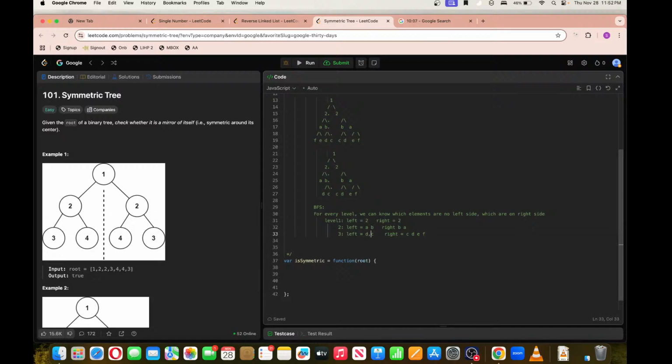there is another way. Whenever I do left, then I can just see if the right one starts from the left's last one or not. If it is C, okay fine. D, okay fine. Then E, okay, E is here but it is not here, right? So I will just return false at that time, or I can just create a string every time.